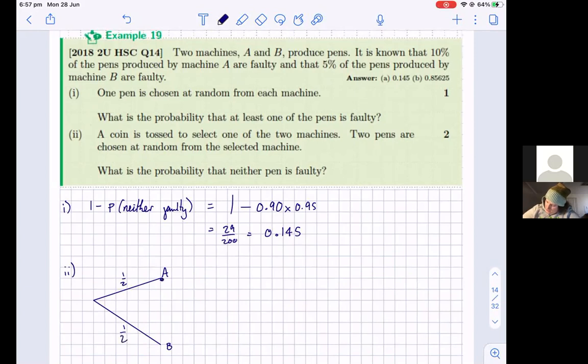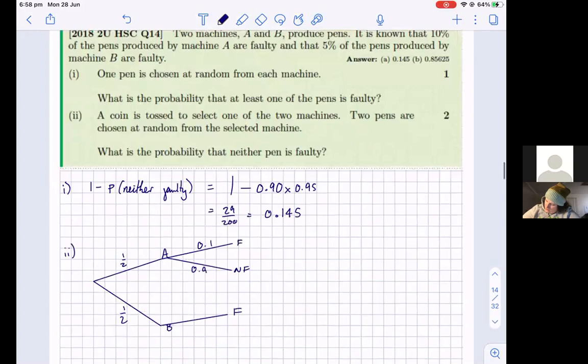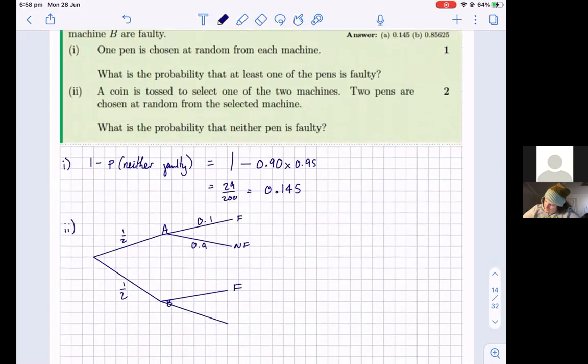If they chose machine A, it could have been faulty or not faulty. If it's faulty, that's 0.1, and 0.9 for not faulty. Machine B, faulty or non-faulty, 0.05, 0.95.